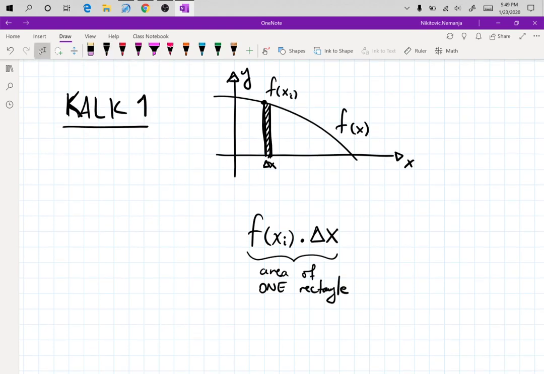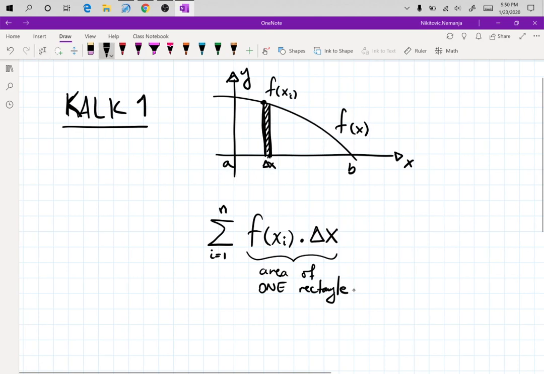Now I am going to compute every single one of these rectangles between, let's say, a and b, which will add up to a lot. So i starts at the first rectangle and goes to some number n of rectangles.